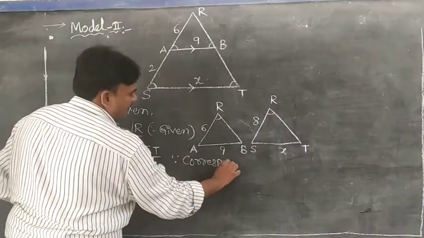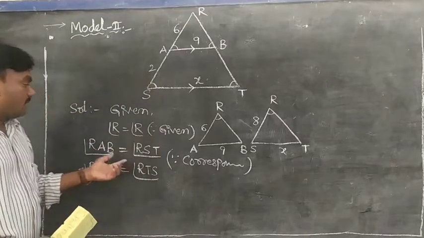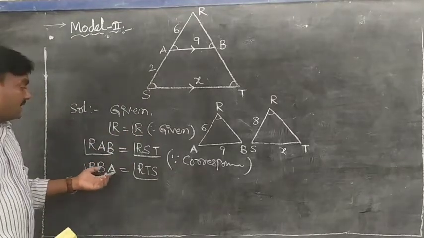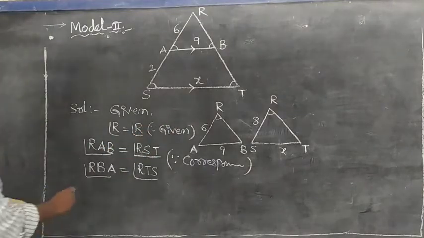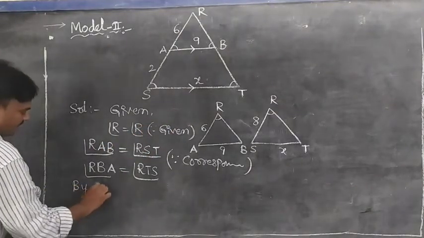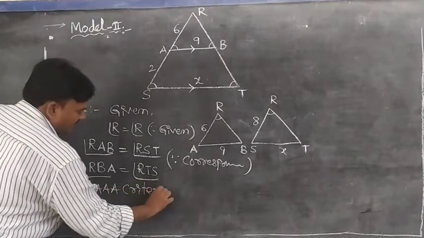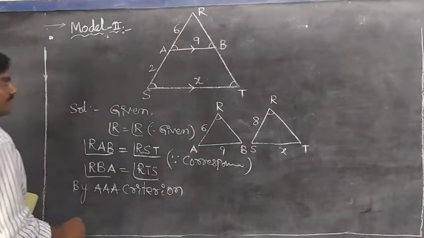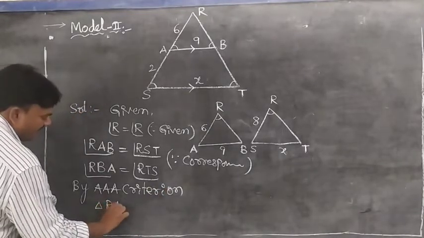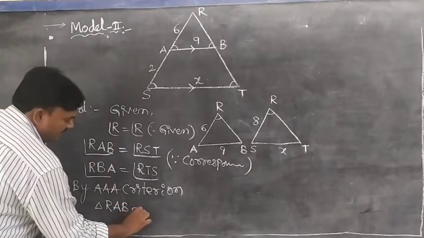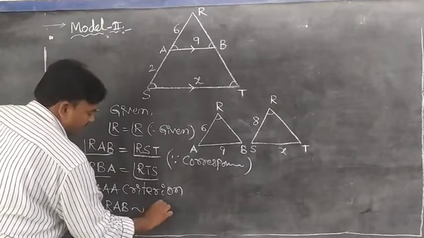Here, by applying the AAA criterion, both triangles are proved similar. Therefore, by AAA criterion, triangle RAB is similar to triangle RTS.